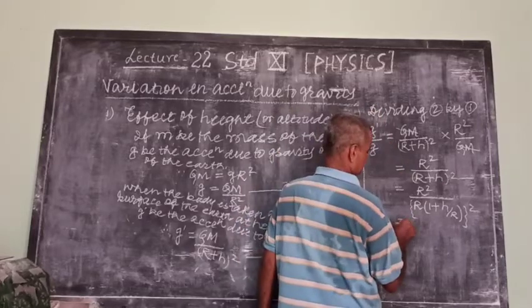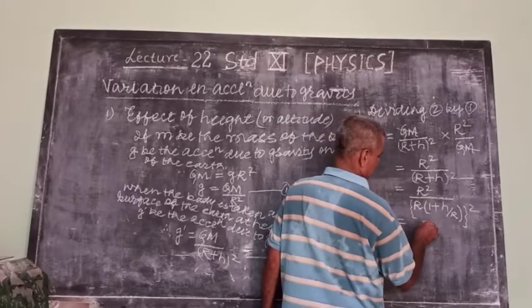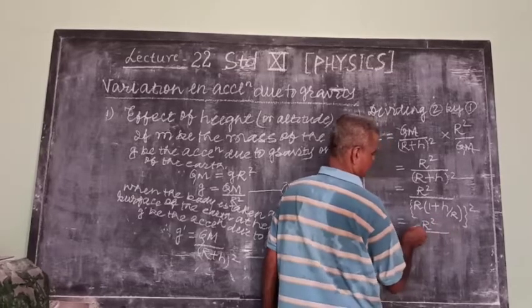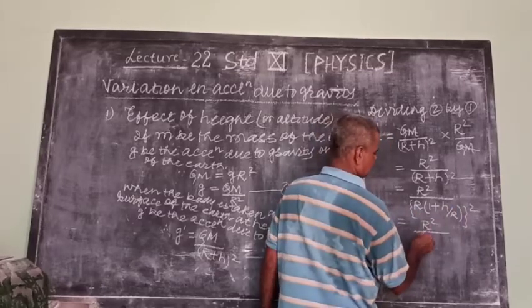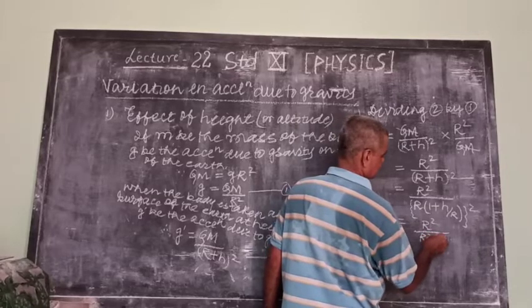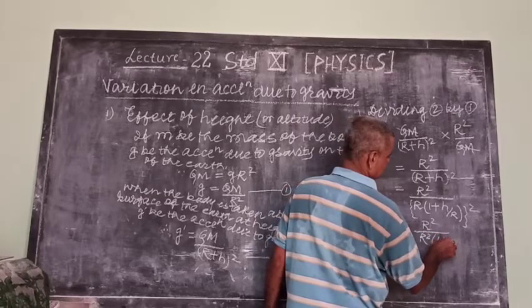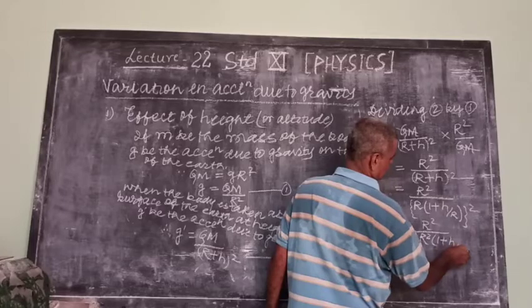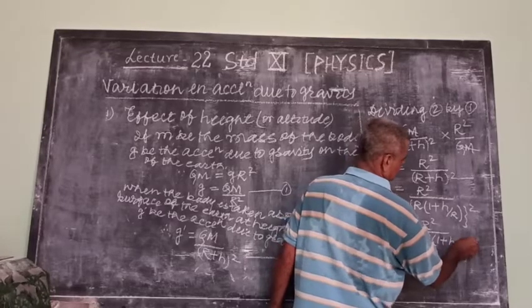And it will be R square by R square times (1 plus h by R) whole square.